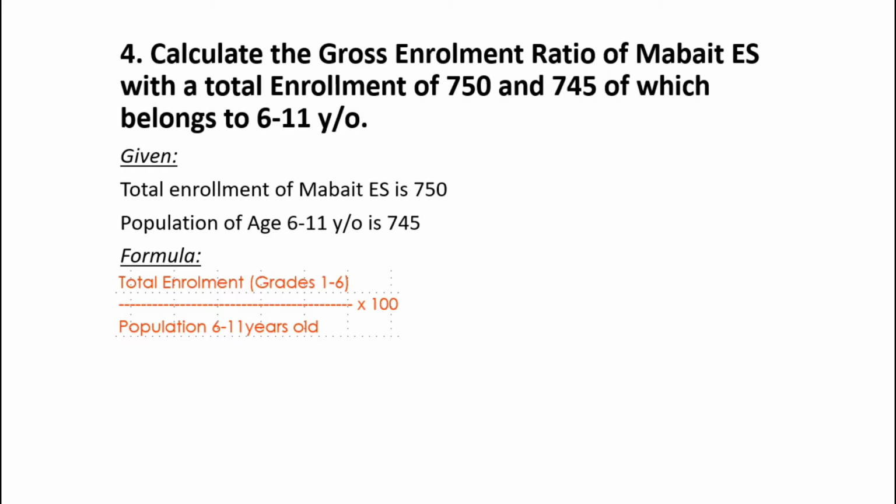Kasi po ang pinag-uusapan dito ay gross enrollment rate. And basically, you will cover ages of pupils within the range of 6 to 11. So the answer is 100.67%. That's the final answer. Let's proceed with the next question.